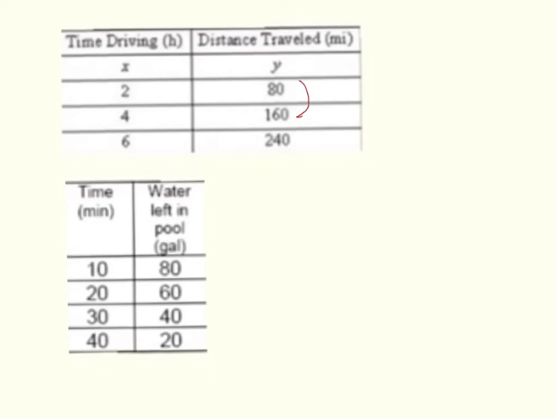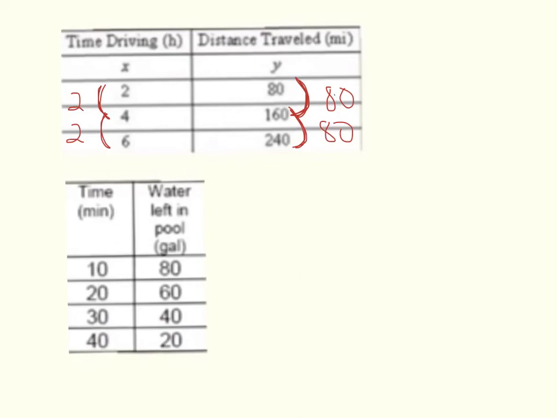So first you have to figure out the difference between your y values, so that would be 80 in this case. Okay, and the difference between 160 and 240 is again 80. The difference between 2 and 4 is 2, and the difference between 4 and 6 is also 2. So your rate of change is going to be consistent.